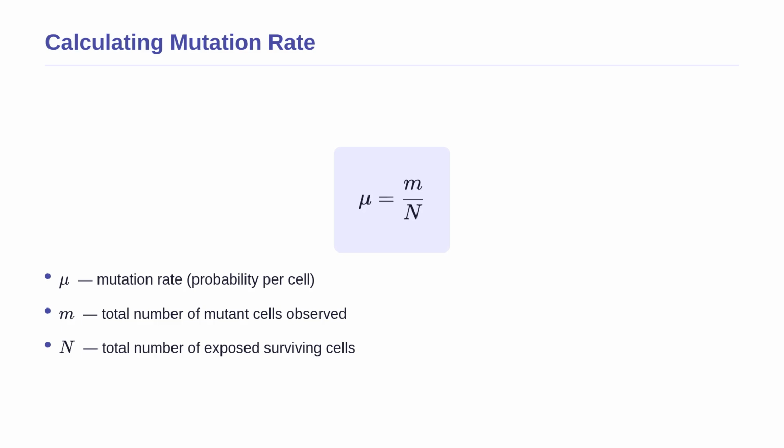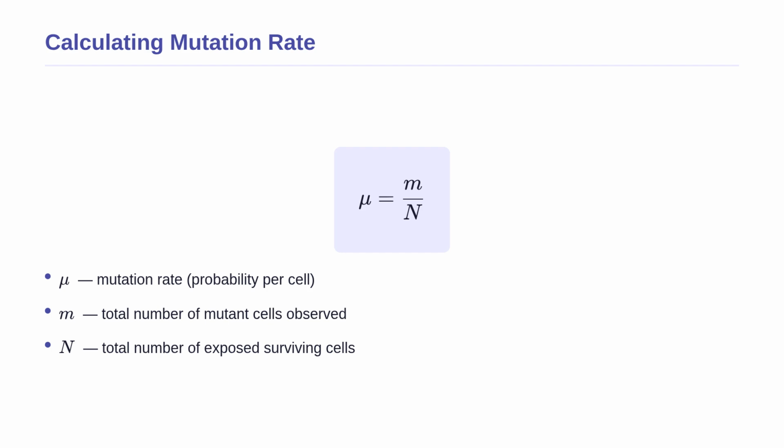To measure how dangerous or effective these chemical mutagens are, scientists calculate the mutation rate. Conceptually, this is the probability that a specific gene will mutate in a single generation or cell division. The formula is mu equals m divided by n. The Greek letter mu represents the mutation rate itself.